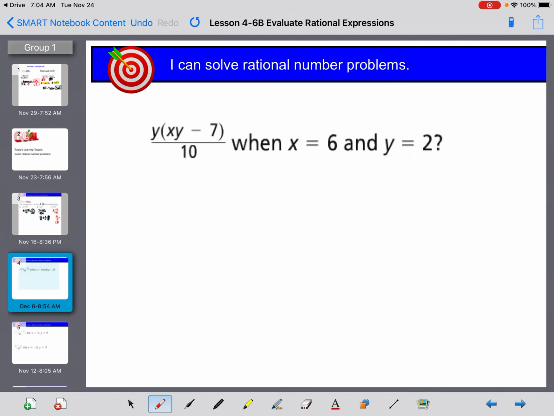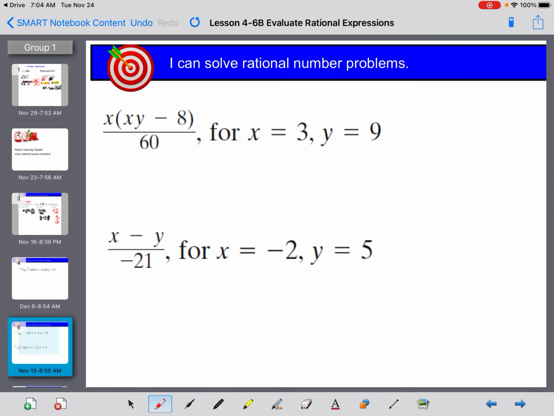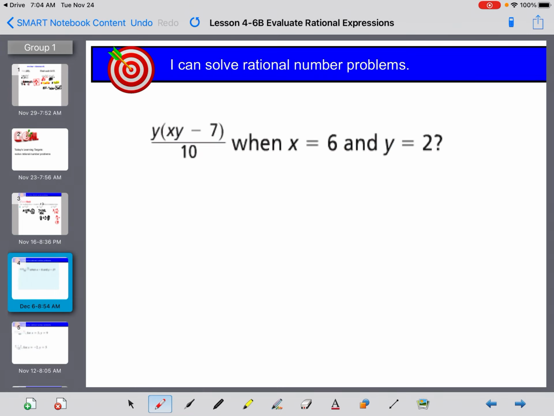All right, I think you're ready to give some of these a try on your own. Let's try this one. It's the next box in your notes. In fact, why don't you give the next 3 a try? These 2 and this 1 that are in your notes. Then we'll go over them together. So pause the video and come on back.